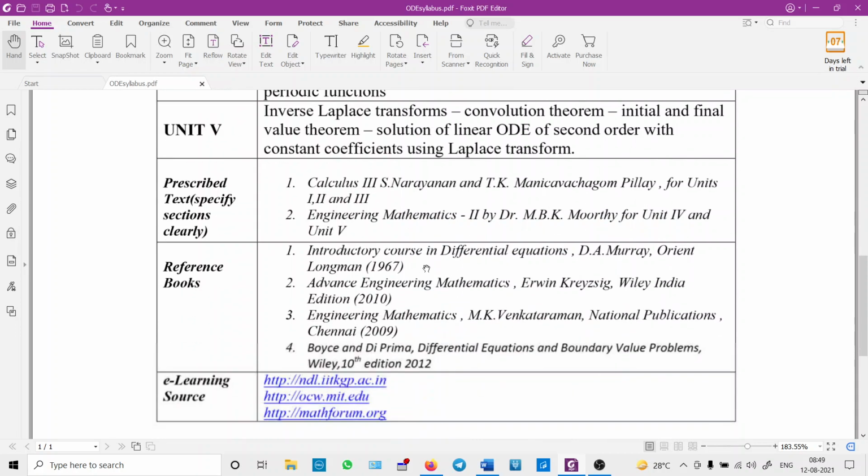The main reference book is Calculus Volume 3 by S. Narayanan and T.K. Manikavasagan for the first 3 units. And for the 4th and 5th units, we are going to follow Engineering Mathematics 2.